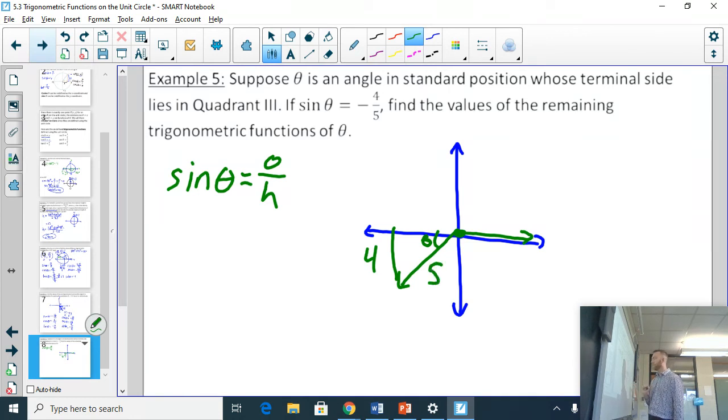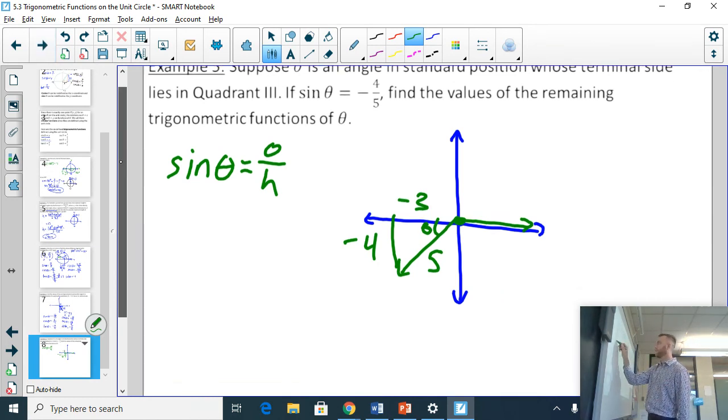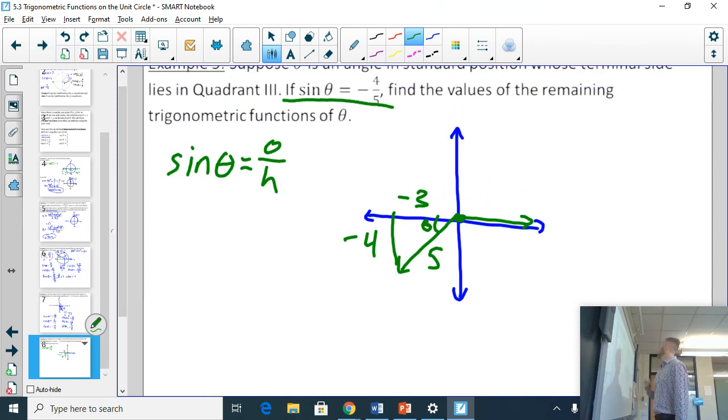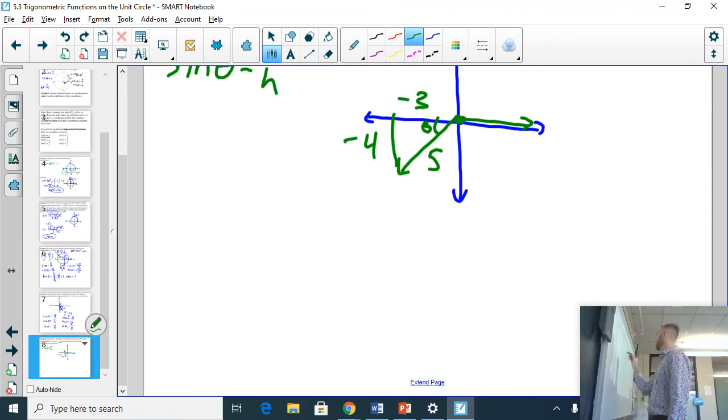But being in quadrant 3, this should be a -4. And then again, Pythagorean triple, that'll be a 3, 4, 5, but we're left on the x-axis, so that should be -3. Now that I have all of those things, I can write the rest. It's already given us sine equals -4/5, so opposite over hypotenuse, that makes sense. Now we just need to do the rest.